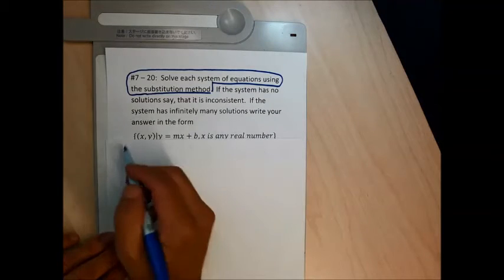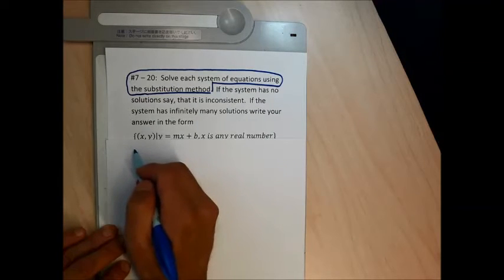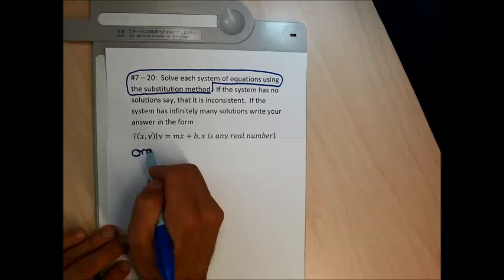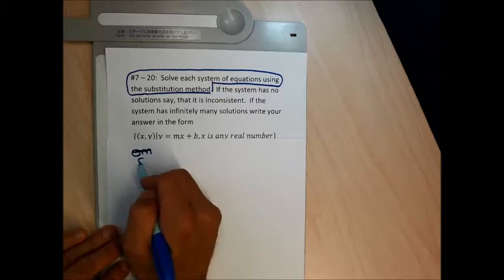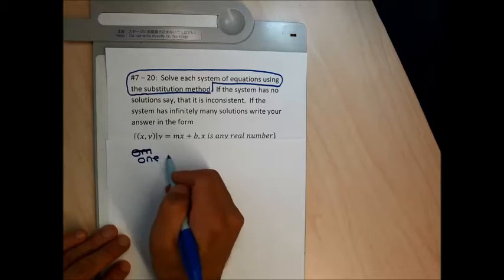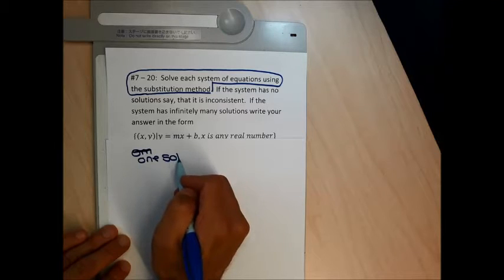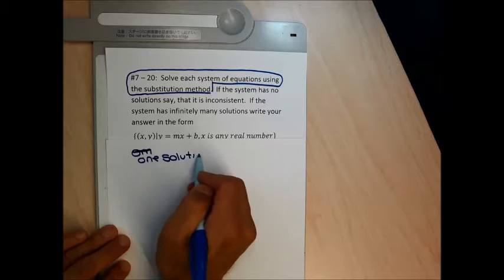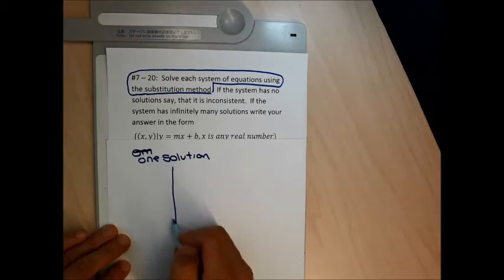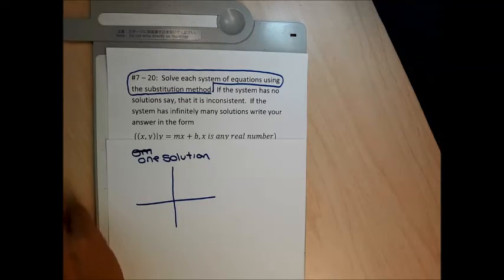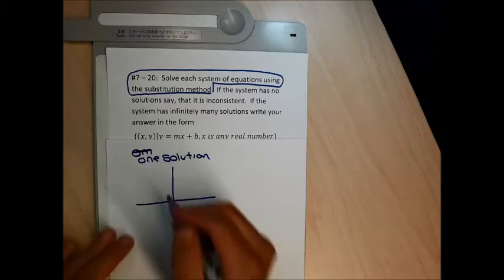So graphically, what can happen for these systems of equations, at least in 2 dimensions, at least I can show you that graphically, when you're solving a system of 2 linear equations, you could get one solution. And the graph that I did earlier was exactly an example of that.